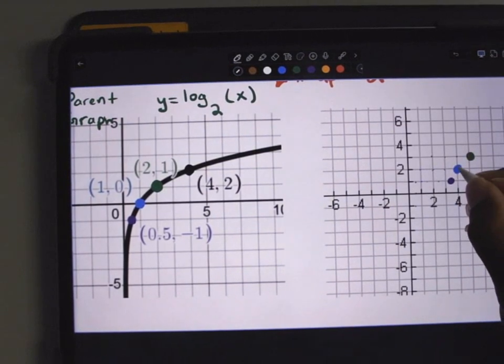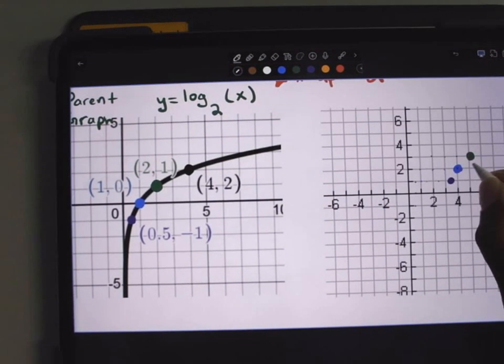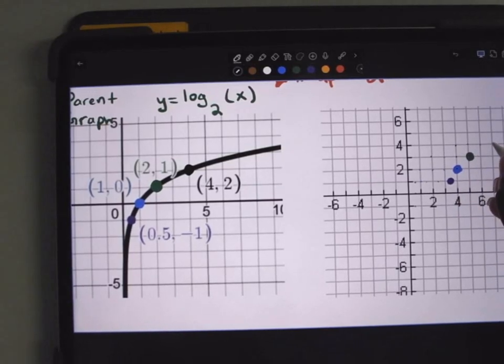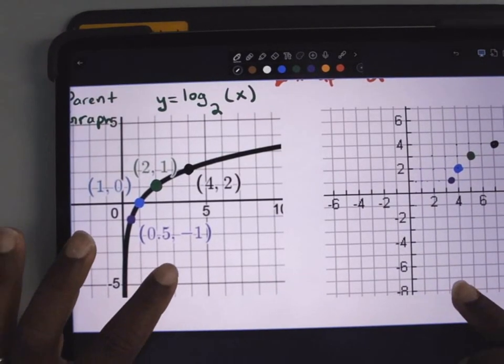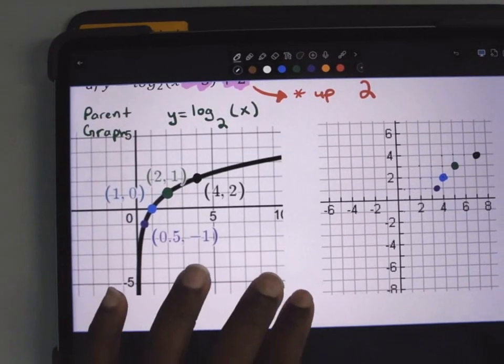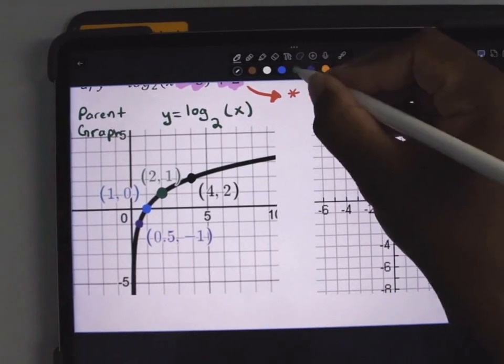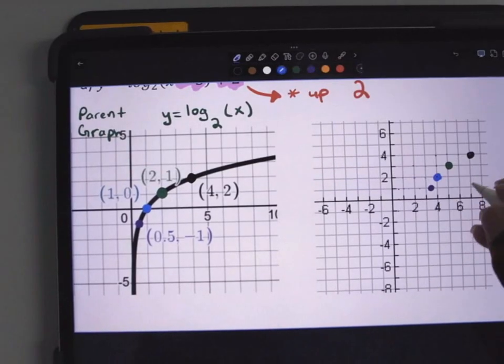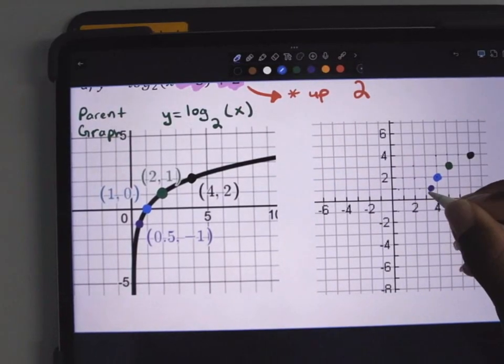I'll go to 4, 2, which is right here. Same thing. Up 2, right, 1, 2, 3. We probably could have just moved maybe 2 points and been enough to get a sketch of our graph. The more points, the merrier.